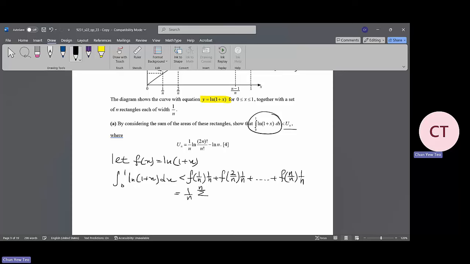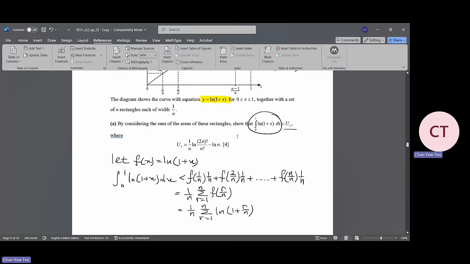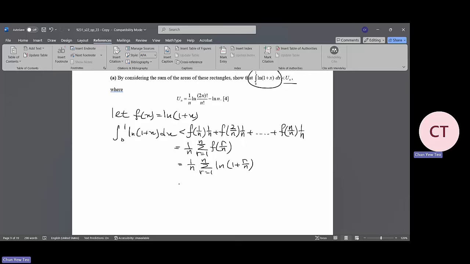You can write the series as the sum of f(r/n). f(r/n) is actually ln(1 + r/n). We can combine the 1 + r/n as one fraction, then it will become (n + r)/n. That will be easier for us.